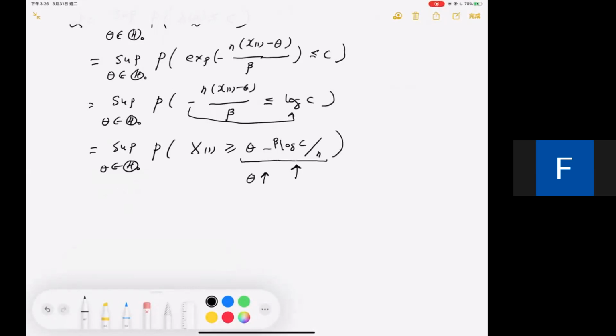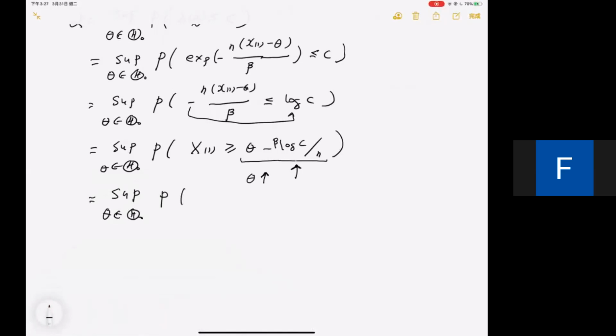If I rewrite the right hand side as C star, that means I can write here theta belongs to theta 0. So x1 bigger than C star means everyone is bigger than C star.